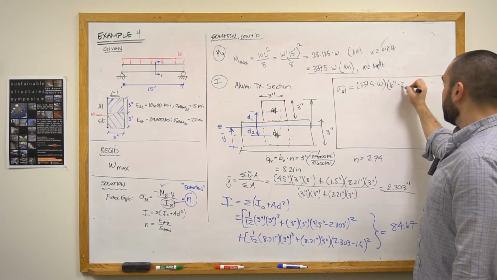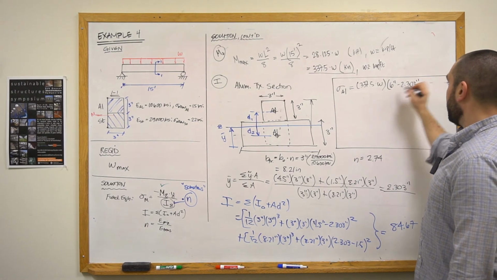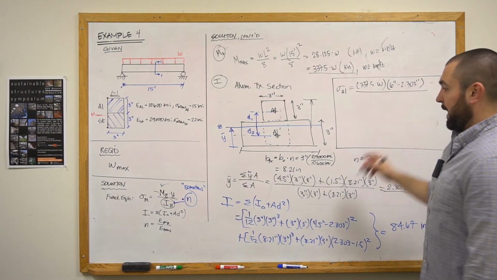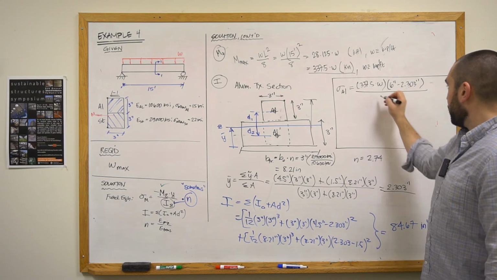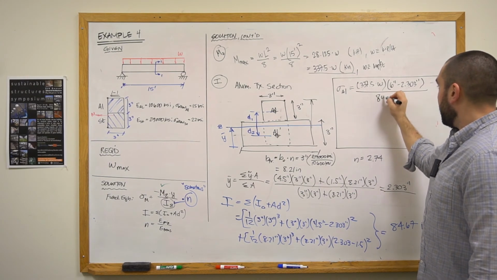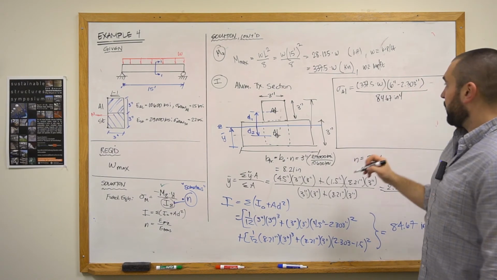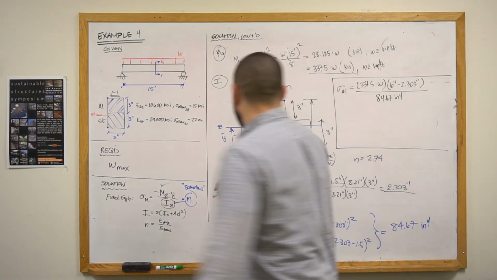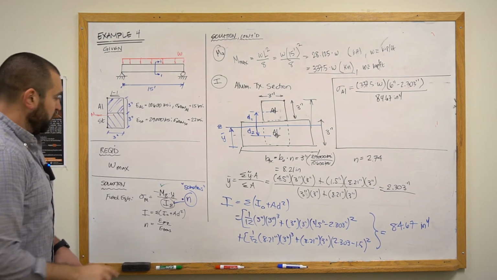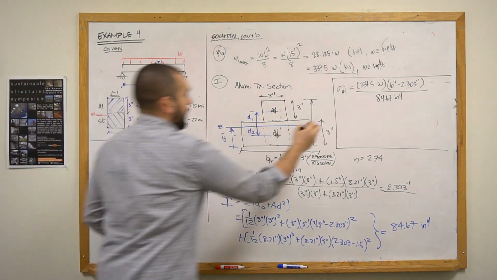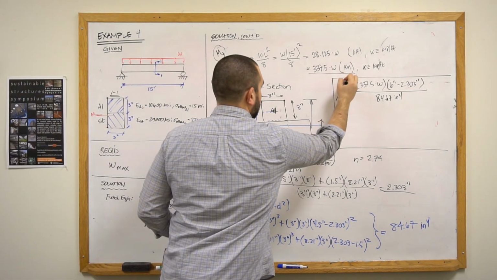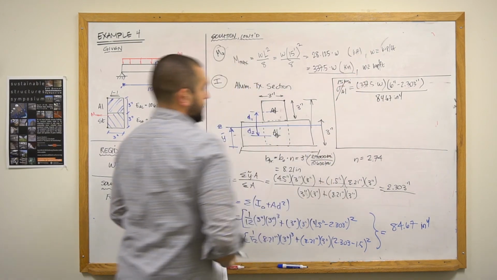So 6 inches minus 2.303, divided by the moment of inertia, which is 84.67 inches to the fourth. And we know now that the maximum stress in the aluminum is given as 15 KSI. So I'll plug this in as well, 15 KSI.